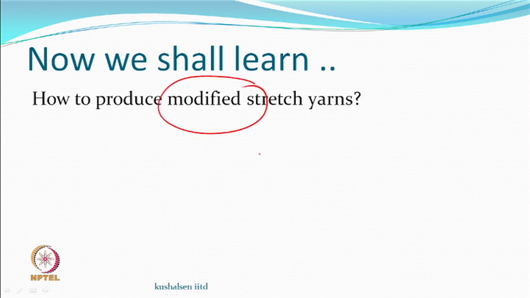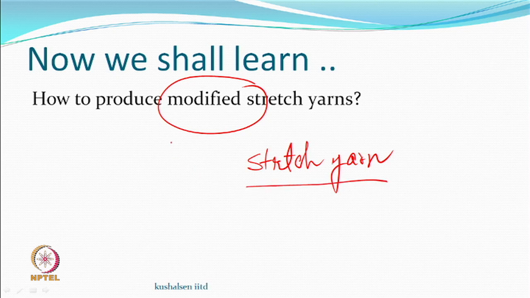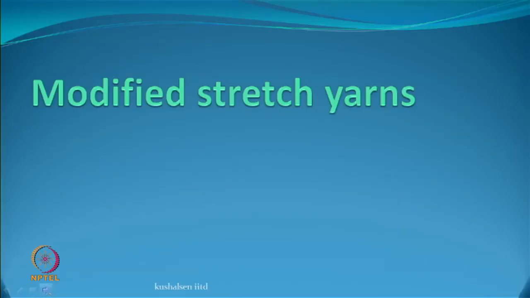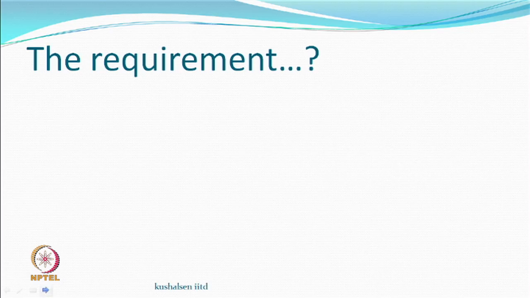First you produce a stretch yarn and then modify this yarn to get what we call a modified stretch yarn. So, this is what we start, and hopefully we will be able to finish this requirement.